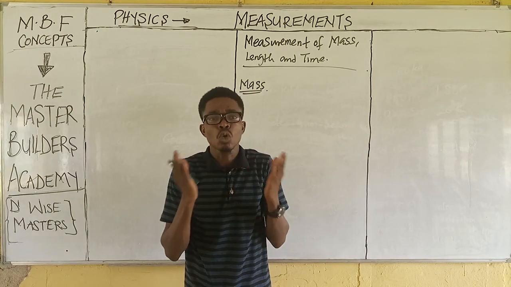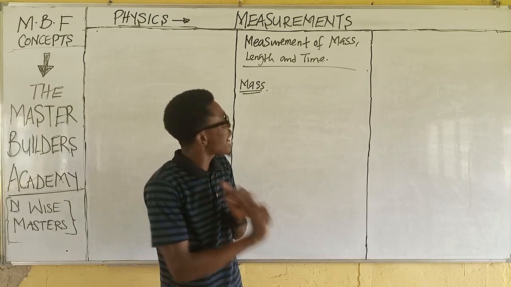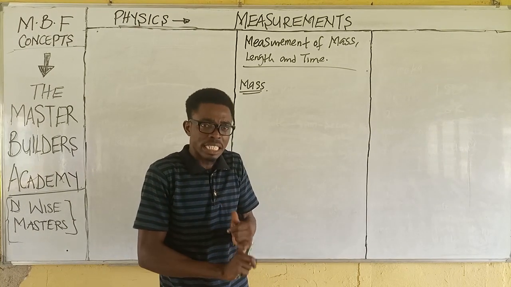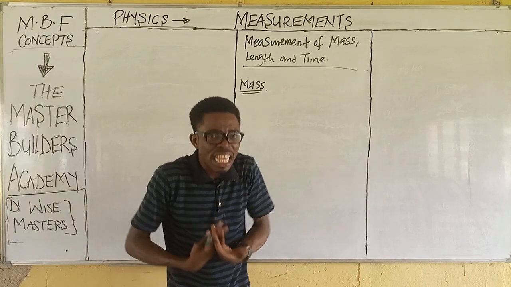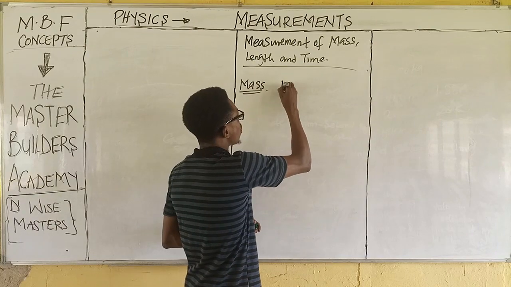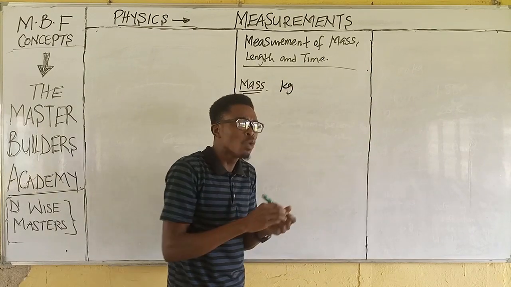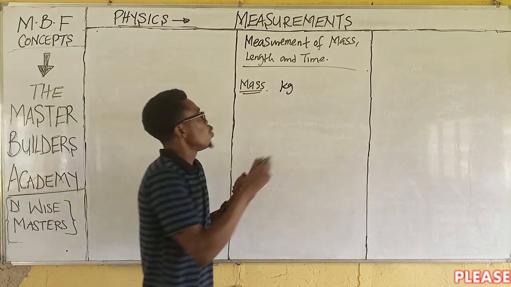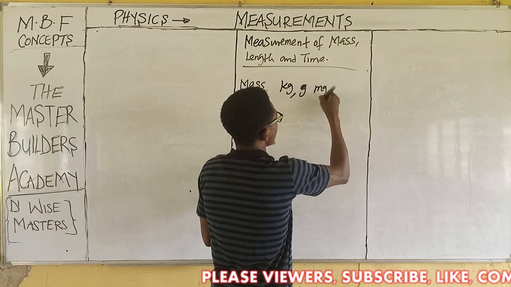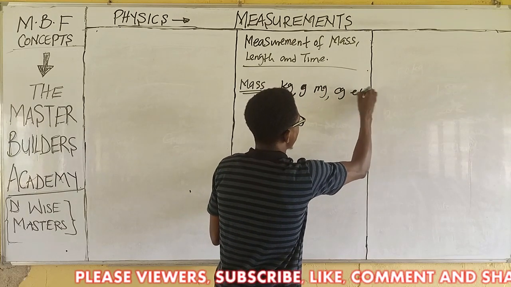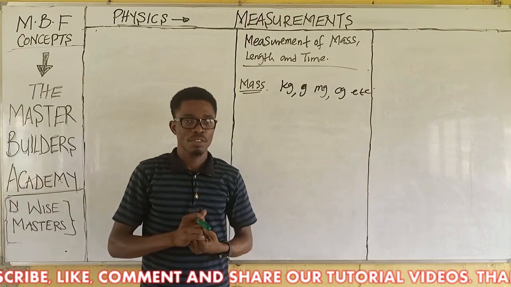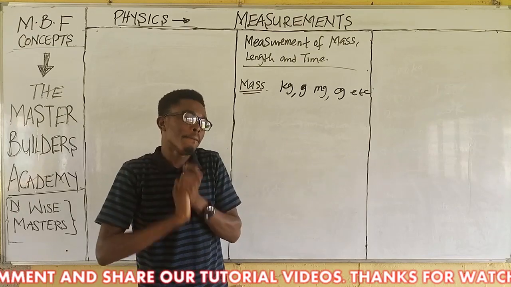Now, having got to know this, we already know that mass is a fundamental quantity, and it has a fundamental unit called the kilogram. Of course, there are other units of mass, which we have: kilogram, gram, milligram, centigram, etc. These are basic units of mass.